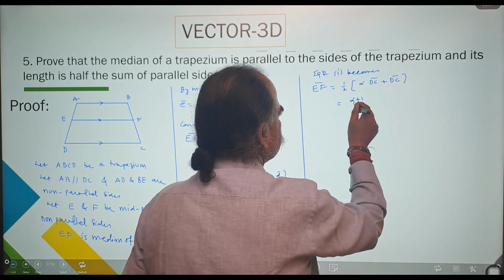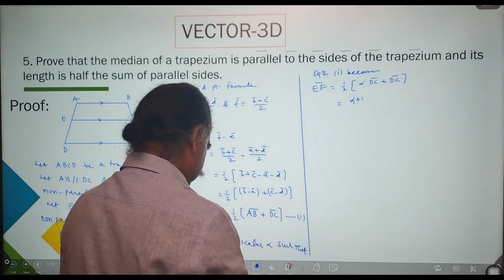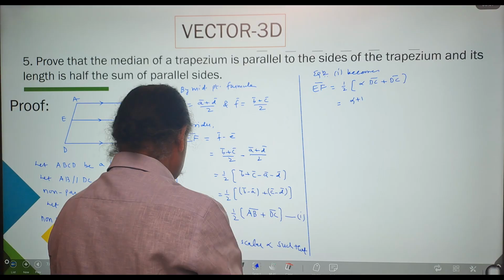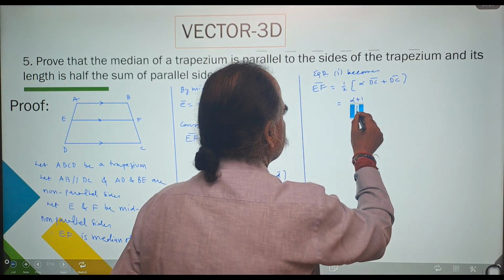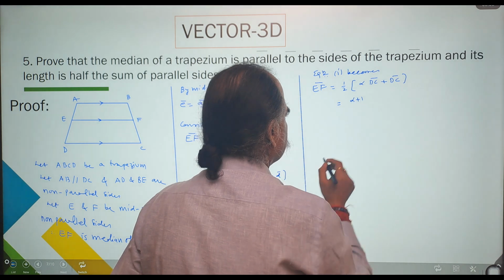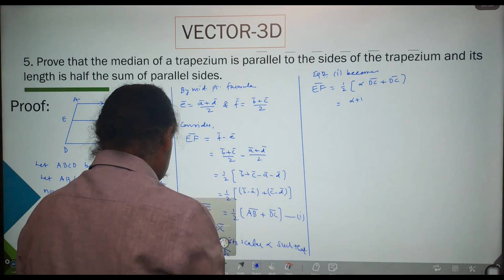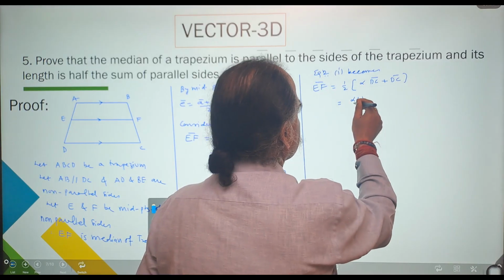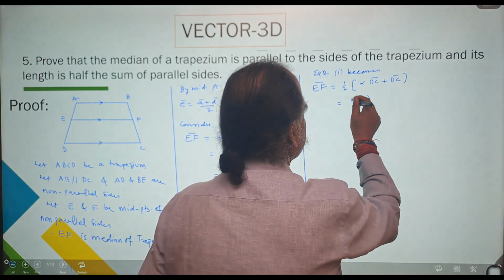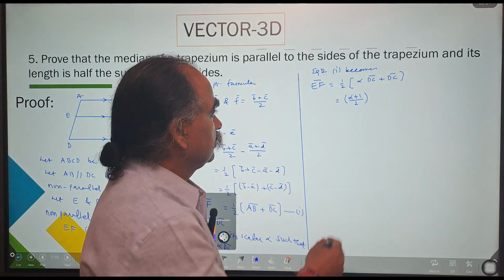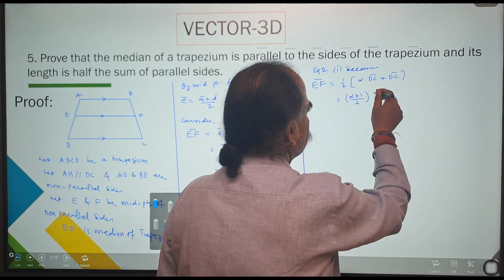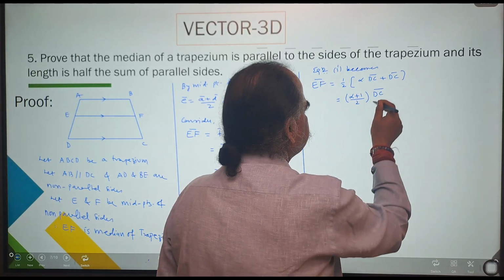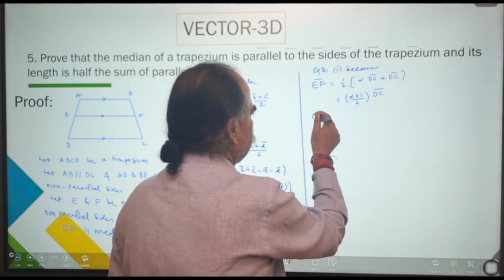Alpha plus 1 upon 2 times DC bar. So DC bar is common, so alpha plus 1 by 2 DC bar.